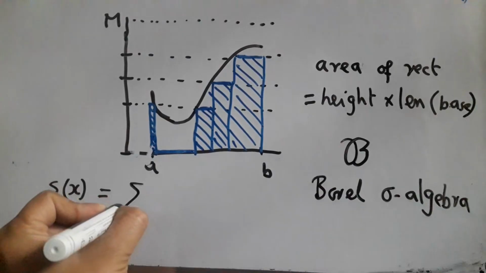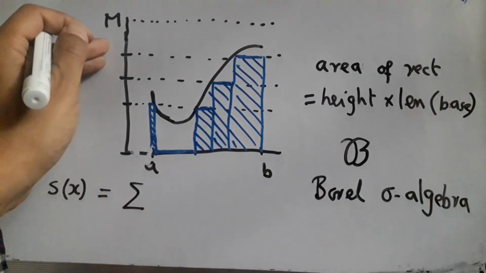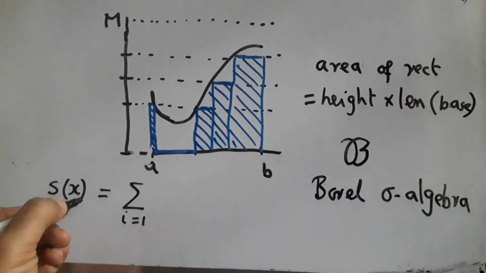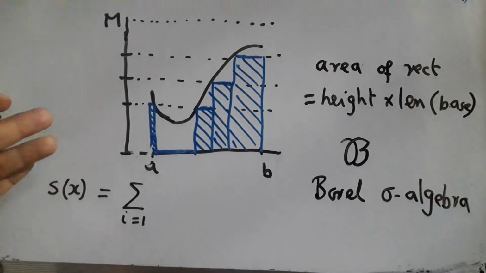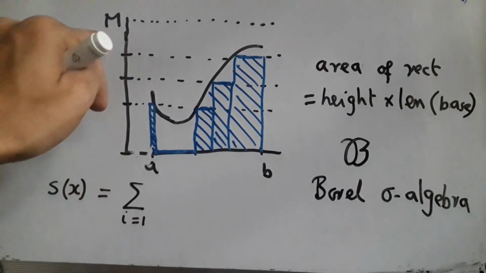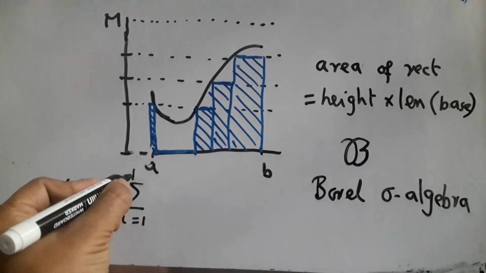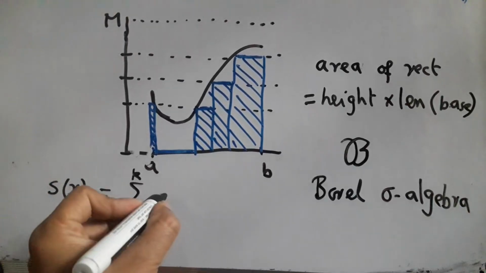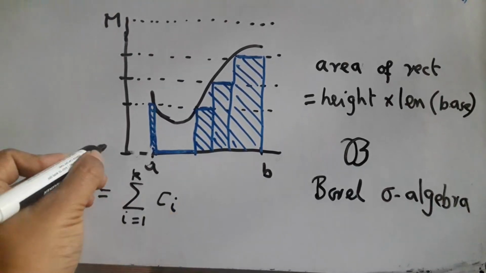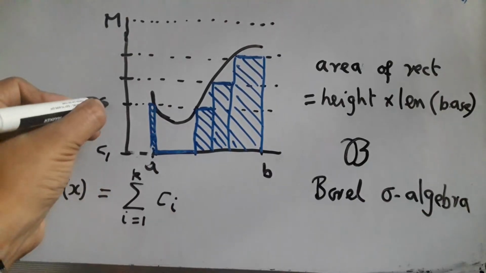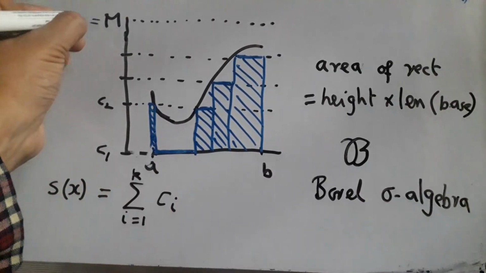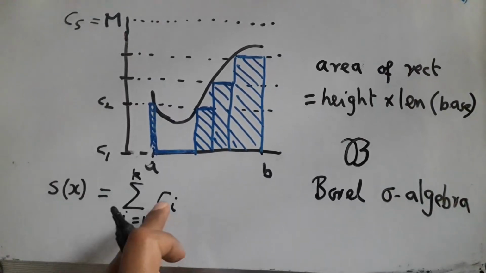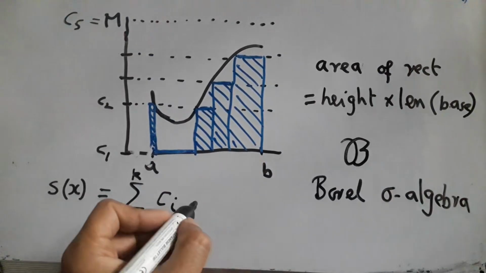I will put a summation over all the possible values, so I will write from i equals 1 to whatever are the values. In my case it is 1, 2, 3, 4, 5, so in general it will be k. Then I will look at each of the values in turn, call them c_i. So c_1 is this, c_2 is this, and c_5 is that upper bound M. Now each of these is taken over a certain set only.